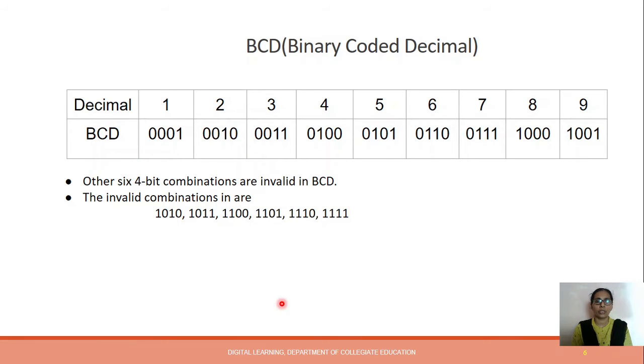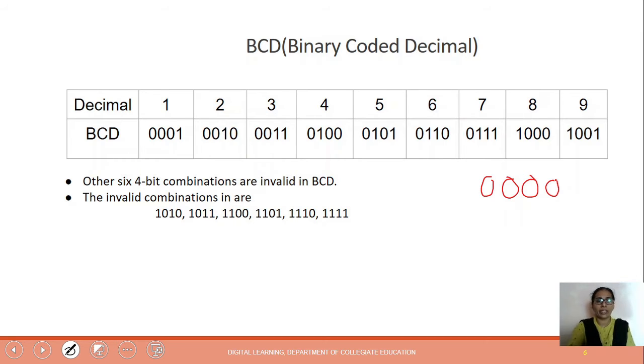This table shows the BCD code for the decimals 1 to 9, and the decimal 0 will have the BCD code as 0000. Other than this 0 to 9, other 4-bit combinations are also there. Those are invalid in BCD.